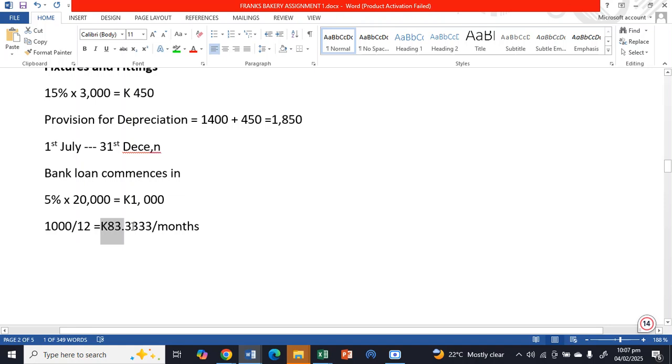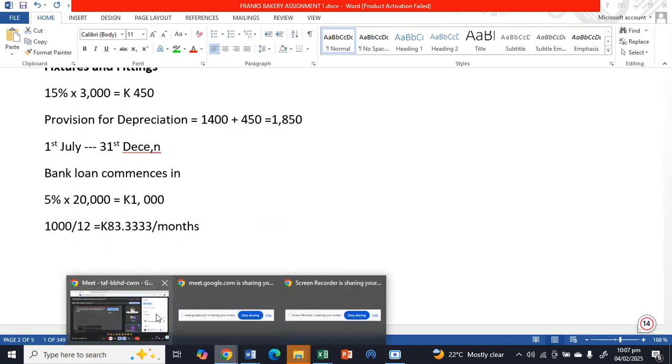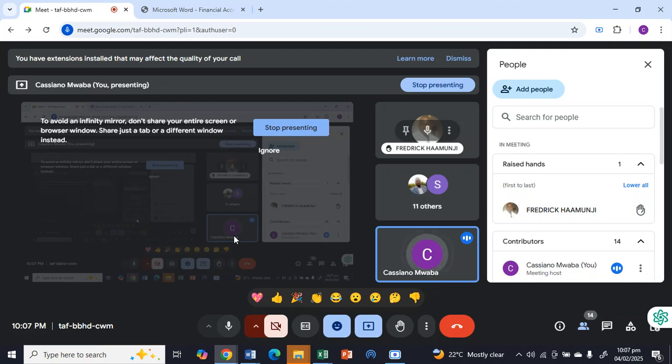Since the loan is running for 6 months, we multiply 6 times the monthly charge. That's how we got 500.